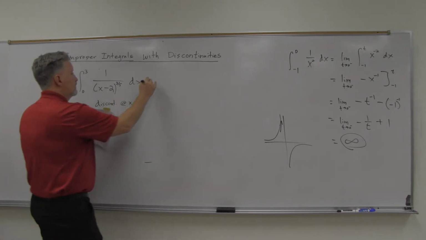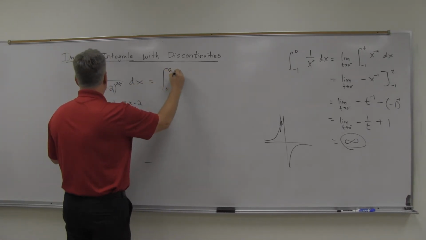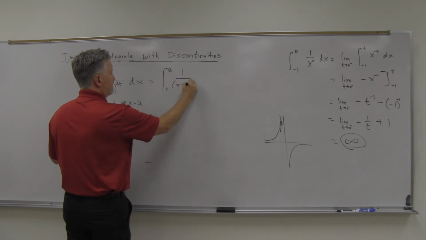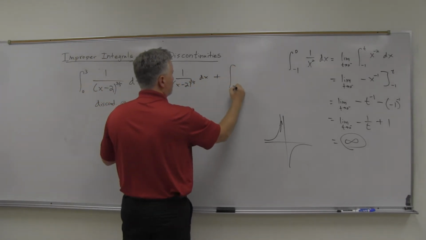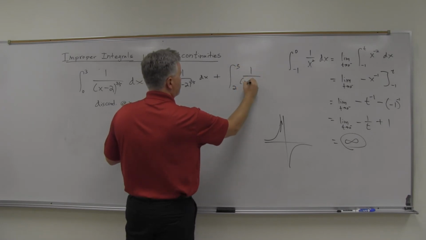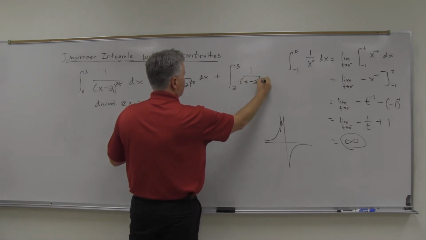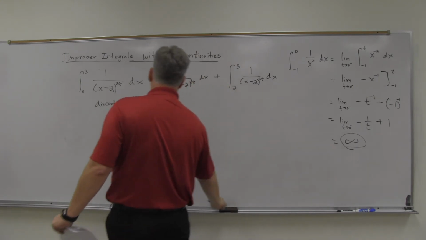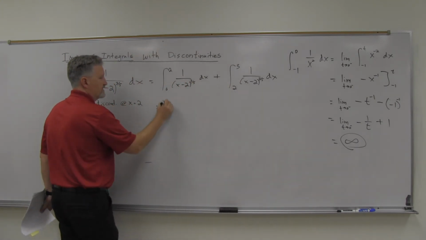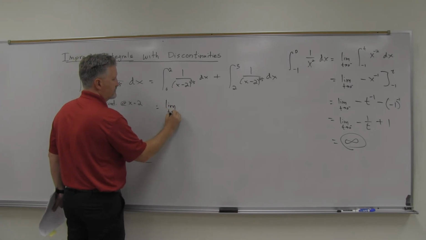So we've got to do 0 to 2, 1 over x minus 2 to the 3/5. And then plus 2 to 3, 1 over x minus 2 to the 3/5. That's how we can do this one. So here, that's going to be the limit as t approaches 2.